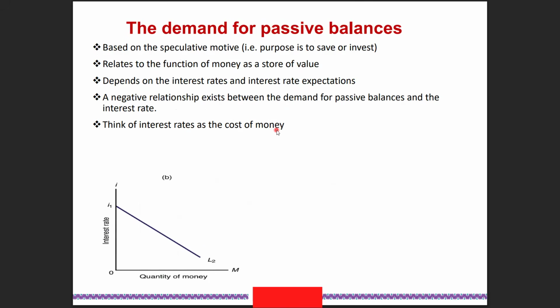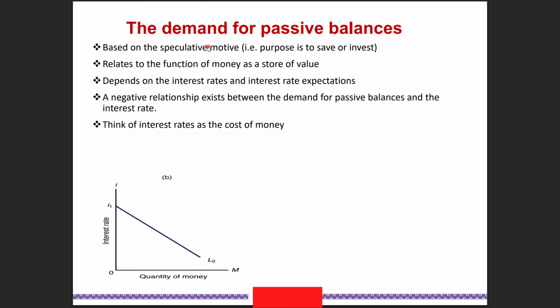And then the demand for passive balances, this one is based on speculative motive, and the purpose is to save or invest. Remember, we said, with the speculative motive, it's based on the store of value function, where you want to store your purchasing power, right? Save your purchasing power, then use it at a later stage.